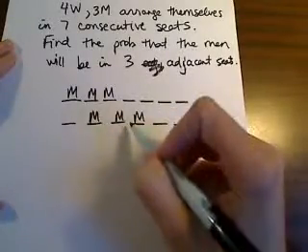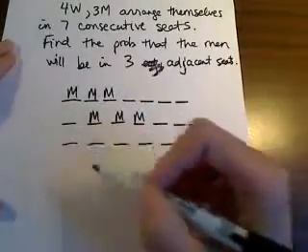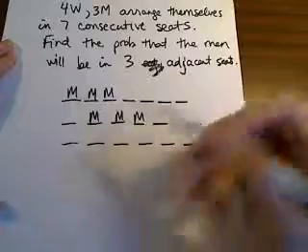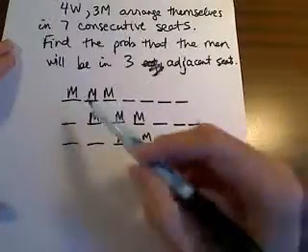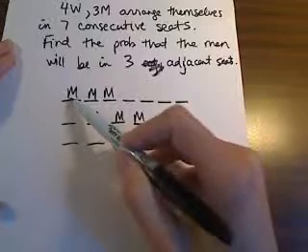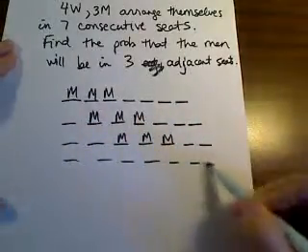For this aspect of counting, you literally just have to write it in here and count it and see how many there are. So we can start them with the first seat, the second seat, the third seat, and you just continue this.